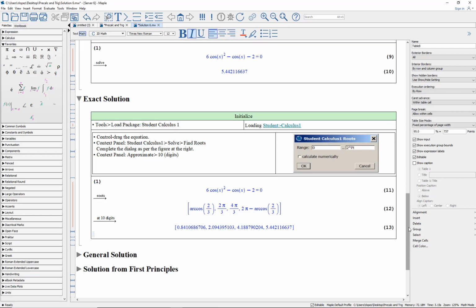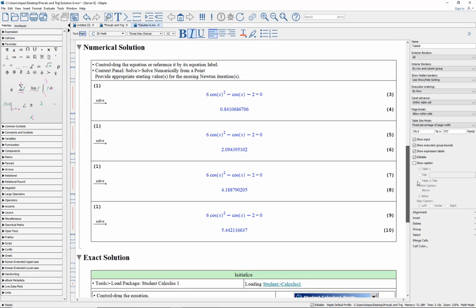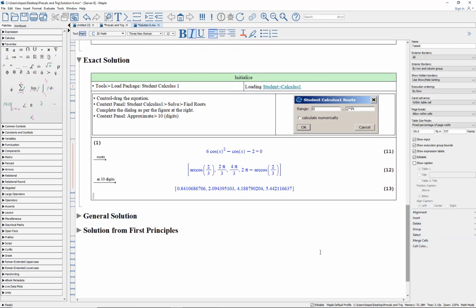These are the numbers that we computed up here in the numeric solution. So this solution comes from the Maple Student Calculus 1 roots command, which will find all solutions in a fixed interval.